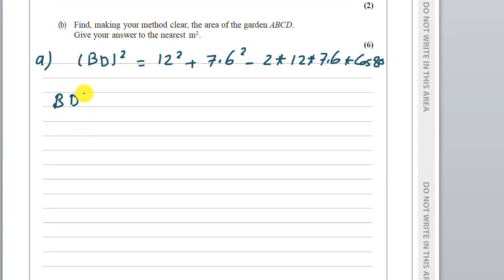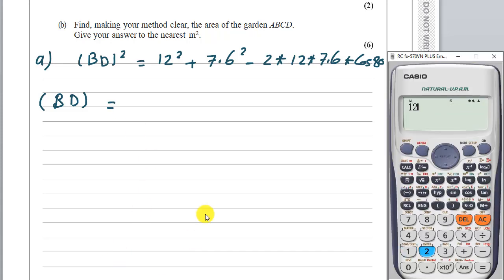So this is A. Let us find this value. So 12 squared plus 7.6 squared minus 2 multiplied by 12 multiplied by 7.6 multiplied by cosine 80.